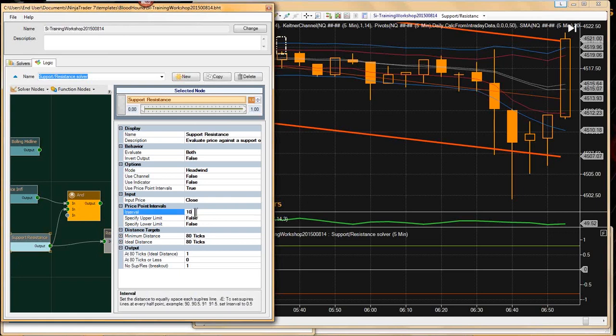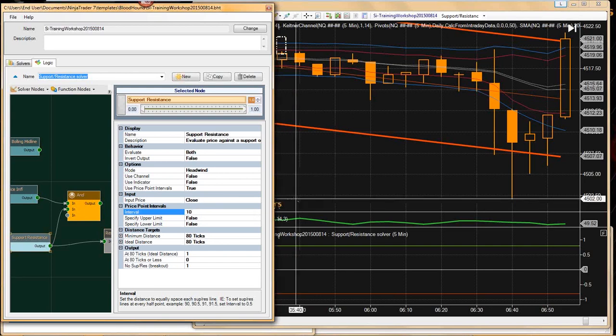then what the solver is doing internally is it's going to start at a price value of 0, and every 10 points it's going to create a theoretical support resistance level.